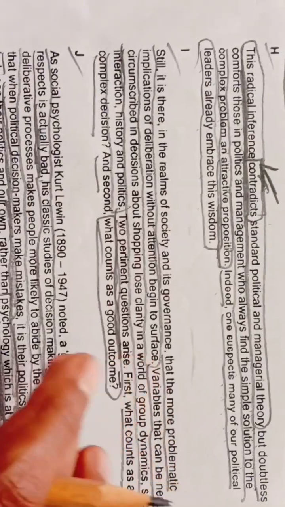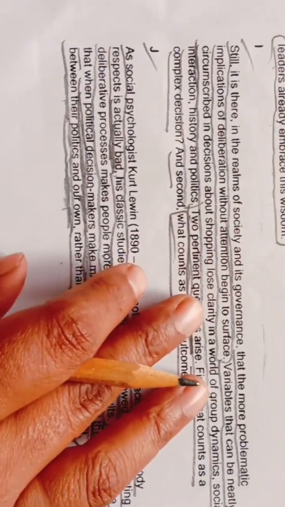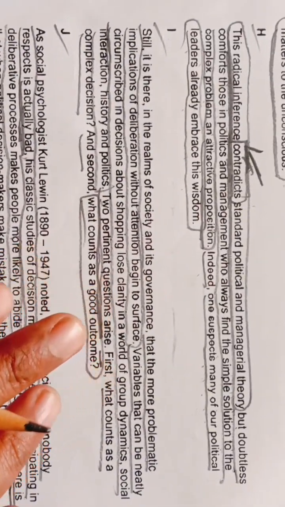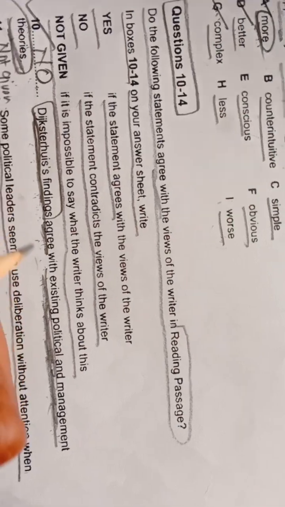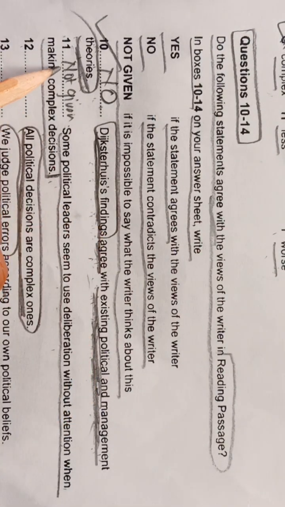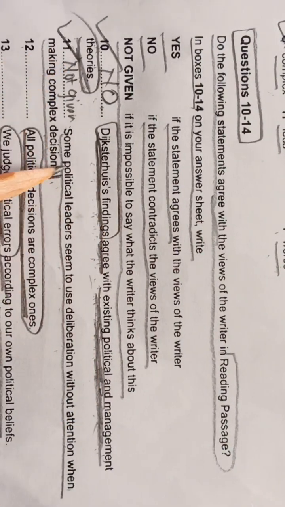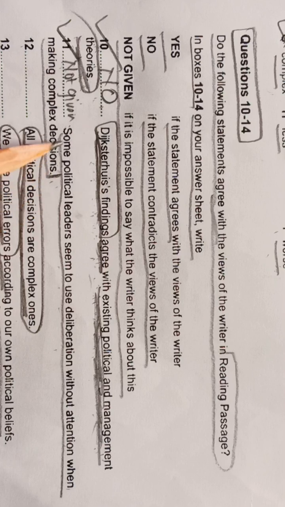This entire line we have not seen in this paragraph, in these last 4 paragraphs. So we will write not given in front of 11 in our answer sheet, because we have not seen these entire lines in our paragraphs.